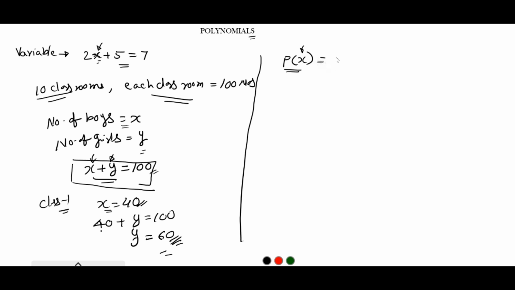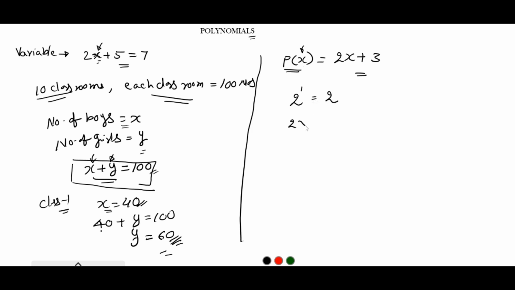If we write p of x as something like 2x plus 3, here x is the variable and p of x is a single variable polynomial equation. We know that 2 has power 1.